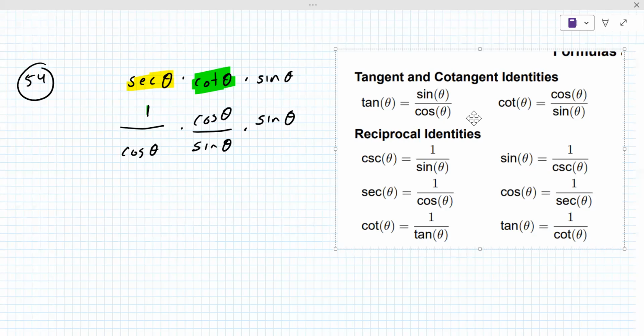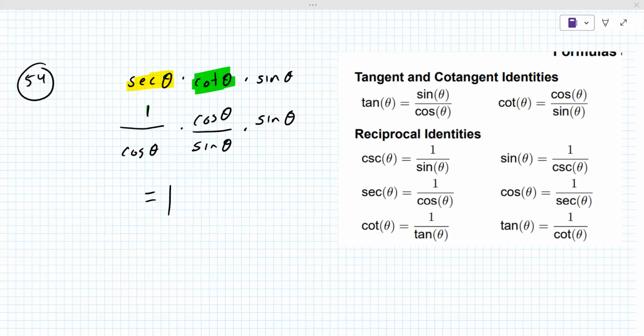So then this would just equal 1. Yeah. These are designed to kind of work out nice. This is another one.